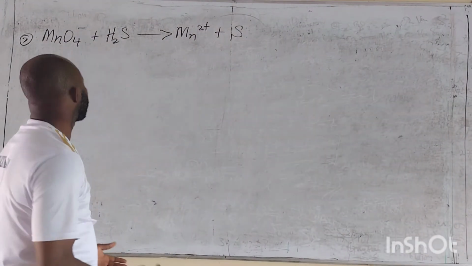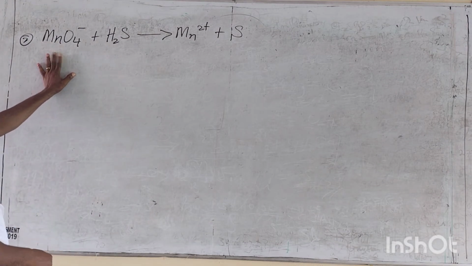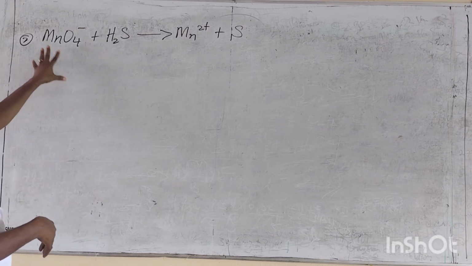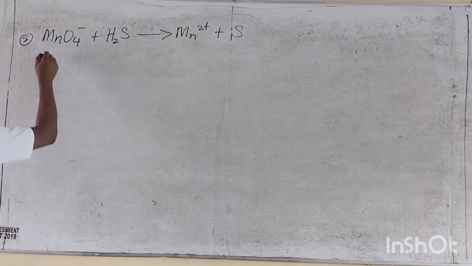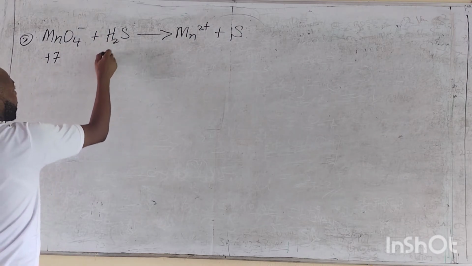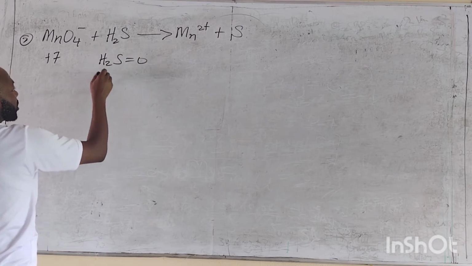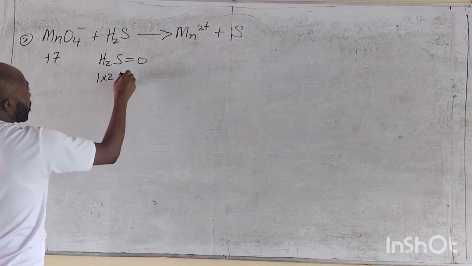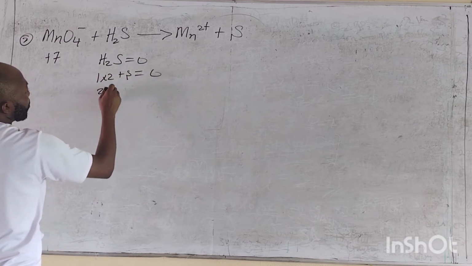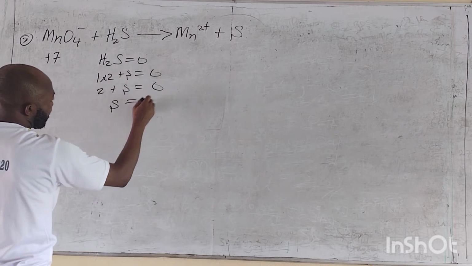So, what is the oxidation number? We just calculated this one earlier on. The first one we calculated is plus 7, so it's the same thing. So we have oxidation number here plus 7. Let's calculate this one. H2S is equal to 0. Hydrogen is 1 times 2 plus sulfur equals 0. 2 plus sulfur is equal to 0, so sulfur is equal to minus 2.